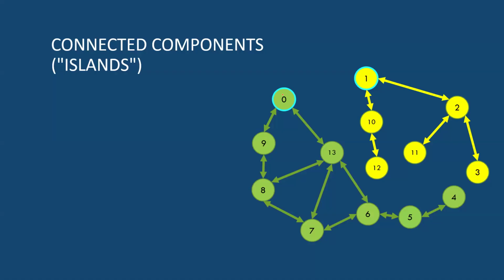If I start at 0 and do a depth first search, these are all going to be visited and these are not. So I could mark all of these as part of island 0, and then start over here and do a depth first search and mark all of these as part of island 1. So island 0 and island 1 would be our two components, component 0 and component 1.